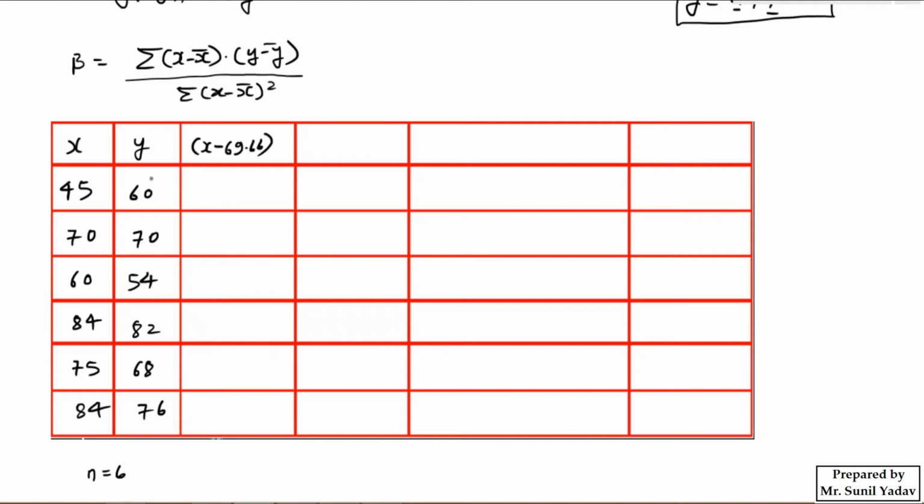Here we have to subtract 69.66 from every value of x, and whatever result comes, we're going to write over here. After subtracting, here we'll get minus 24.66, and then here we'll get 0.34, and here minus 9.66, and here 14.34, and here 5.34, at last here we'll get 14.34.